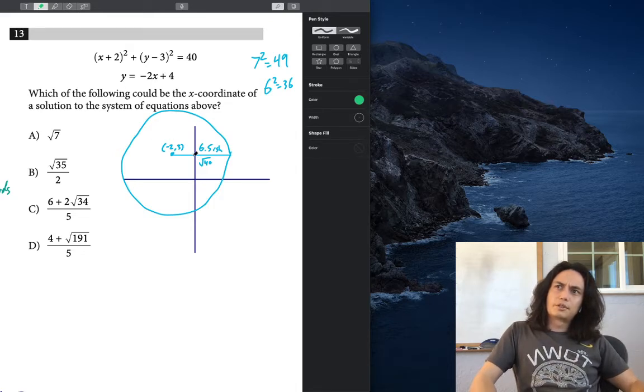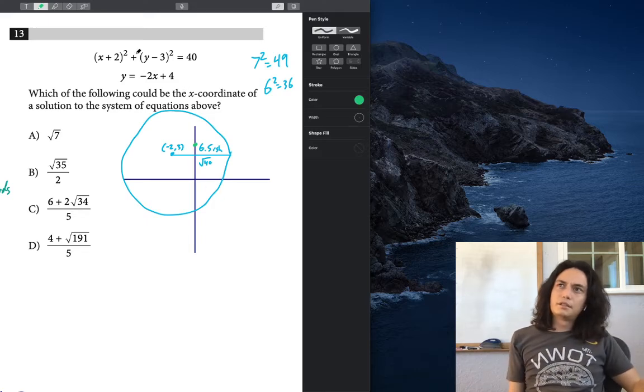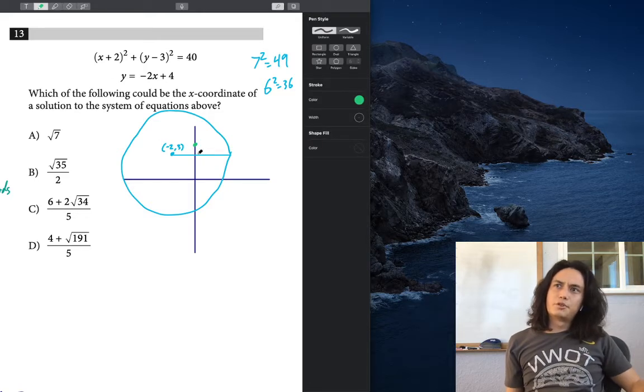The y-intercept is going to be +4, so it's just one higher: 1, 2, 3, 4. And then it's a -2x, so this line goes down, kind of steep, like this-ish, and then it goes up.